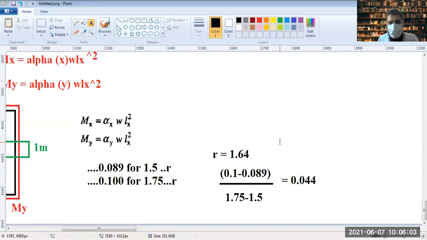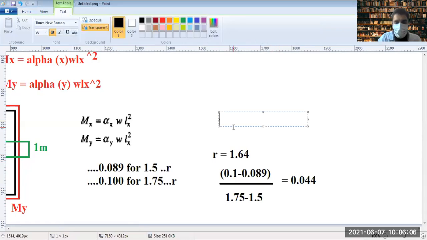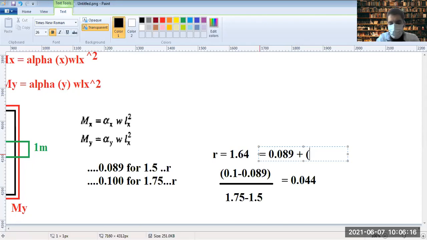So for r equal to 1.64, the value at 1.5 is 0.089 plus the unit change 0.044 into the difference between 1.64 and 1.5.